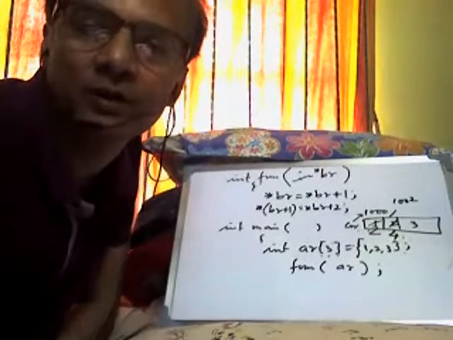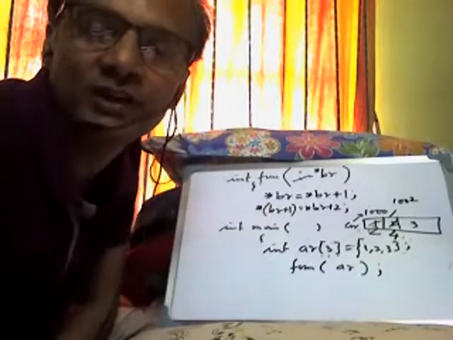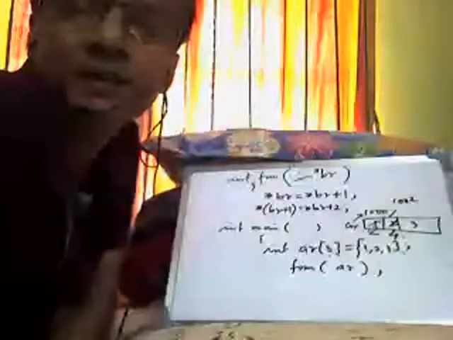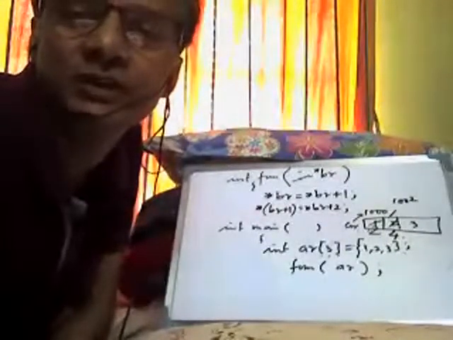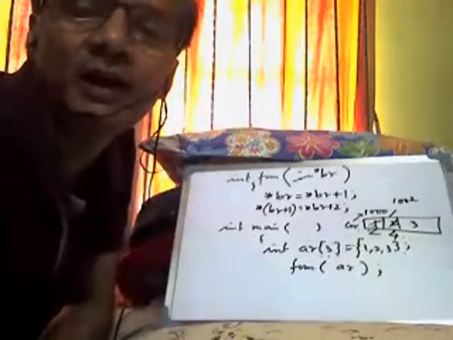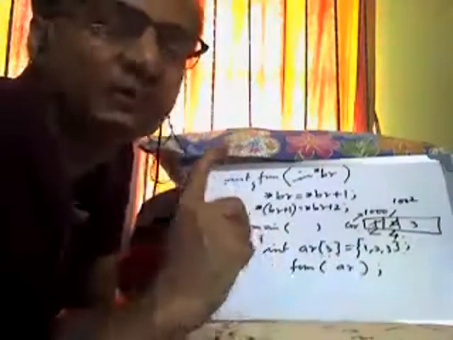Sir, please explain why the output is not 30. Output is not 30 means? Any one of you who is asking the question why the output is not 30, possibly in actual parameter it is passed by value.